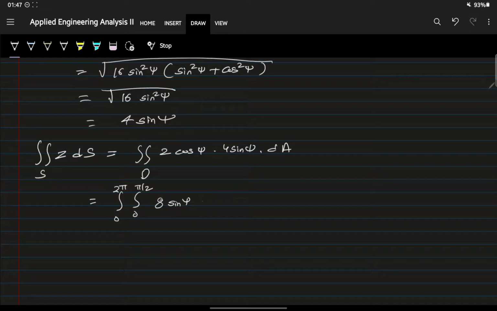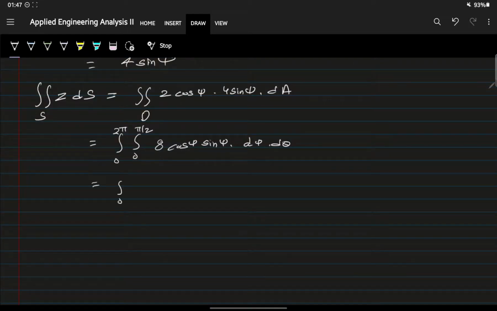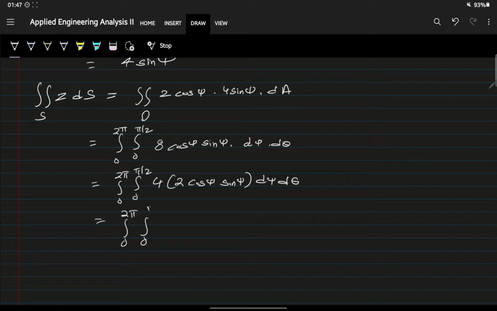Four times 2 cos phi and sine phi d phi d theta. Using another trigonometric identity or property, we can write this as 4 cos 2 phi.